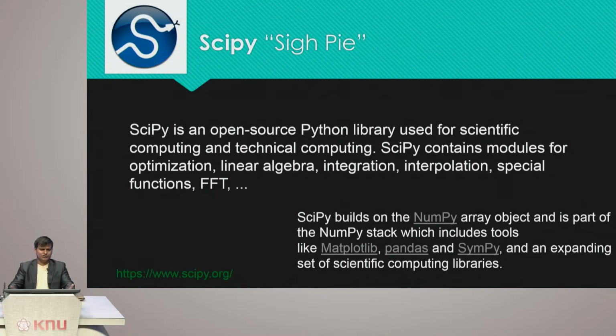Yes, most of the problems that we deal with have to do with optimization. And when it comes to large data sets, and when it comes to mathematically modeling a system, linear algebra is again used for this purpose. And this tool, SciPy, is good for using linear algebra.